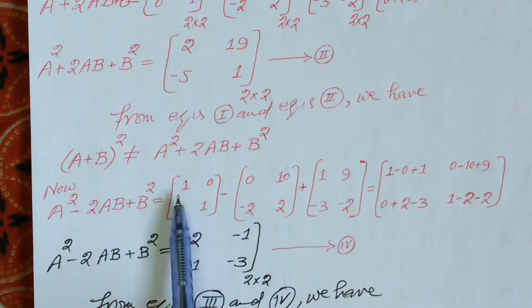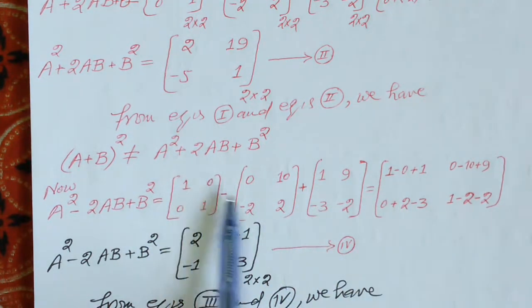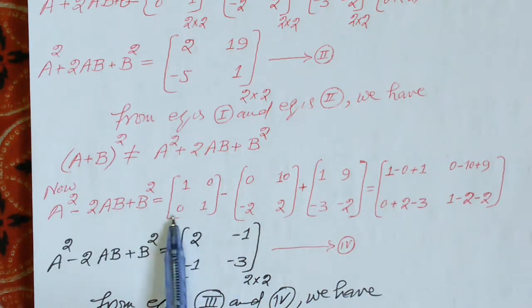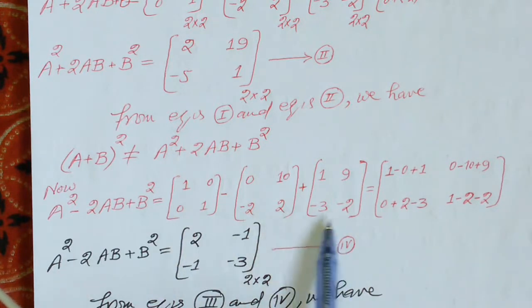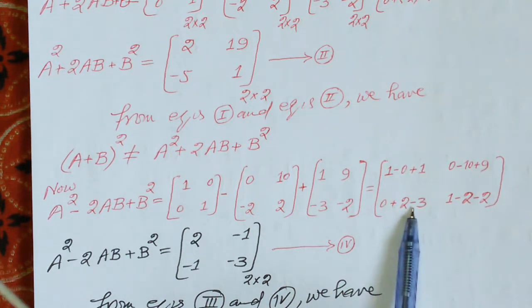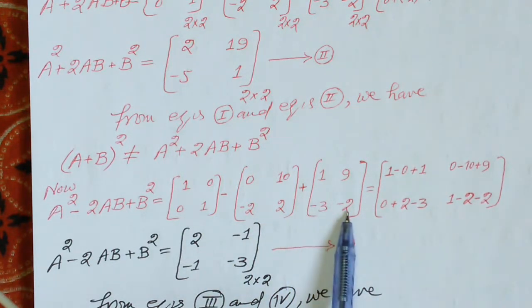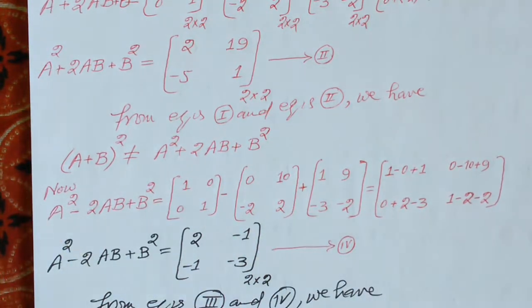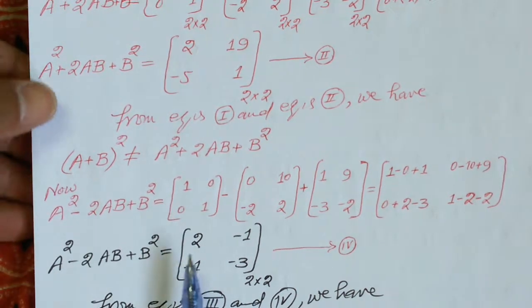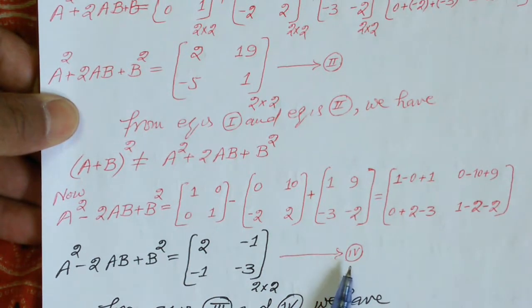The procedure is 1 minus 0 plus 1, 0 minus 10 plus 9, 0 minus 2 plus 2 plus minus 3, which will equal minus 3. 1 plus 1 minus 2 minus 2. The resultant matrix has elements in the first row 2, minus 1, in the second row minus 1 and 3. This is your equation number 4.